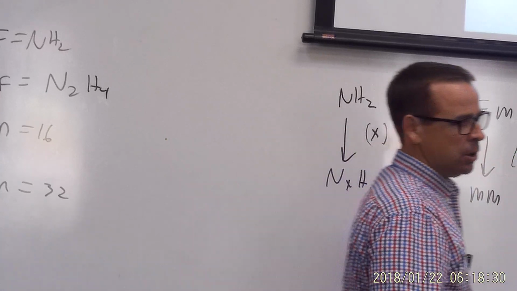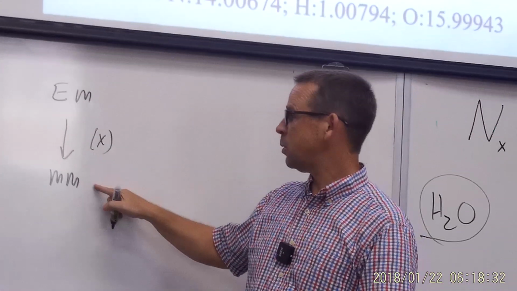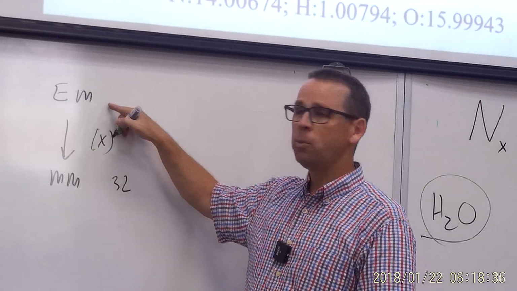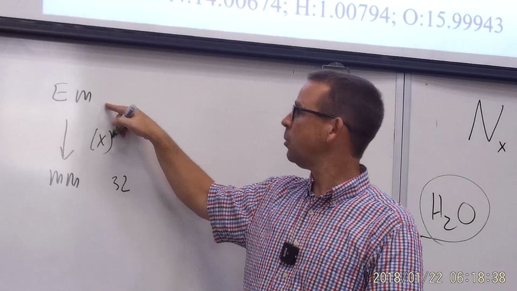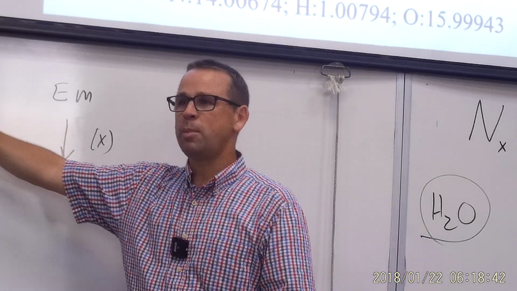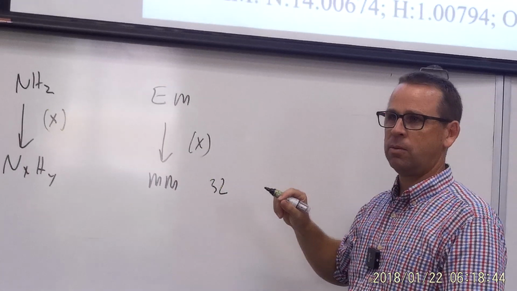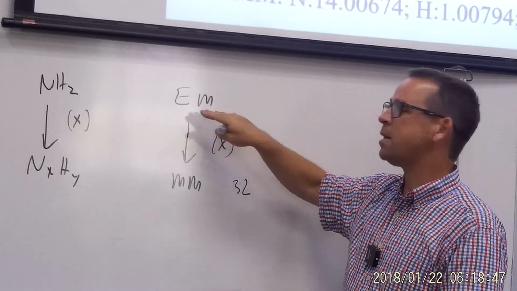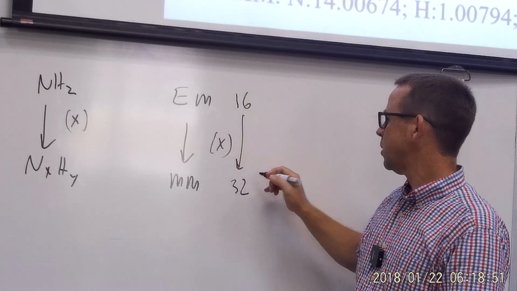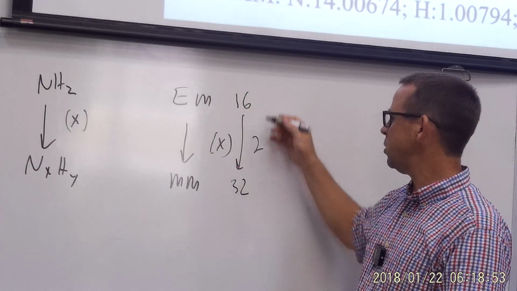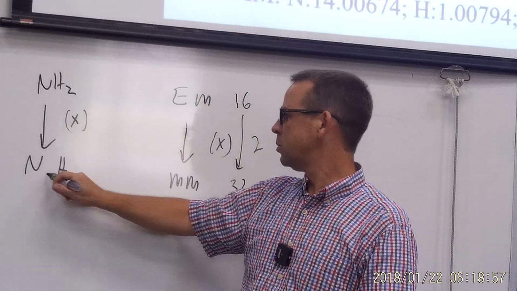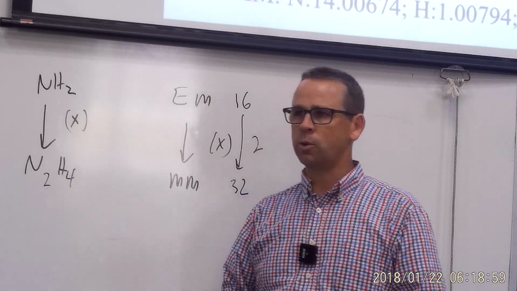We're given the molecular mass, 32, and we can determine the empirical mass. How do we determine it? Empirical mass is the mass of the empirical formula. Good, 16. 16 times 2 gets us to 32, so these have to multiply by 2 to get us to our molecular formula.